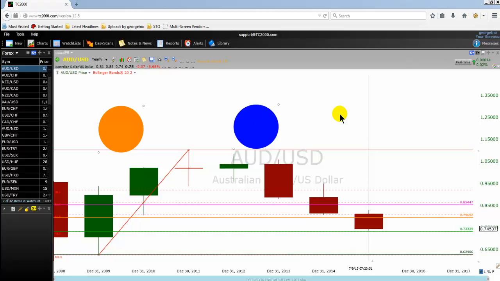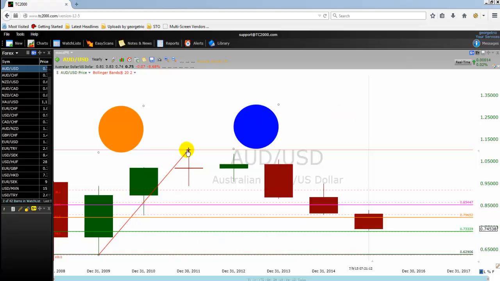The Australian economy is directly or indirectly linked to the Chinese economy. One must always pay attention to the economic news in China. If the economy in China is doing very well, the Australian dollar will benefit from it. Therefore, this currency pair will go up.